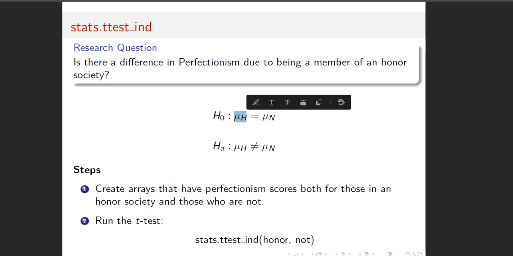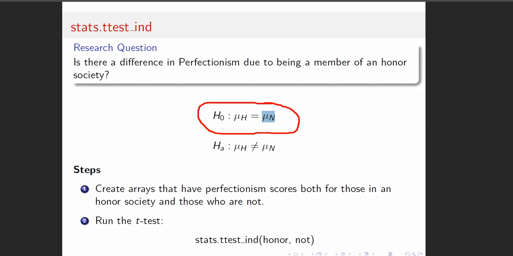Mu sub h, that's the average perfectionism score for the students who are in an honor society. And I just used not in, so capital N's. And so mu sub h equals mu sub n. The null hypothesis is that the averages are equal, and the alternative hypothesis is that there's some difference.